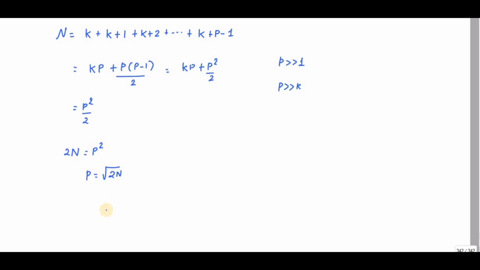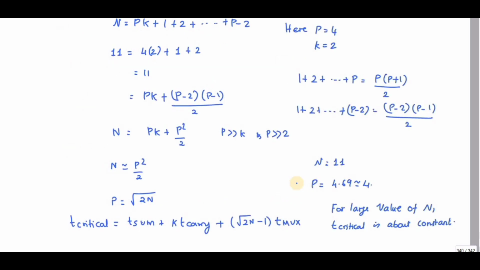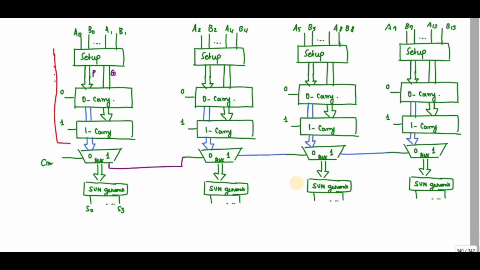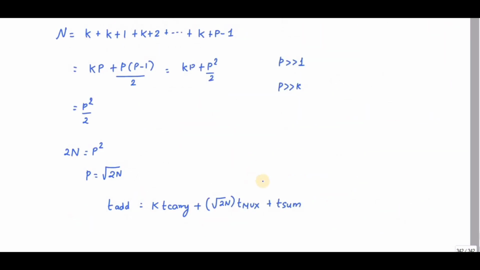So I can write this t add, that is t critical, the worst case delay, that is equal to k times t carry plus, similar to that of the linear carry adder, root of 2n times t mux, plus t sum. If I add t setup, I will get, here also I am having t setup, so I can write plus t setup.